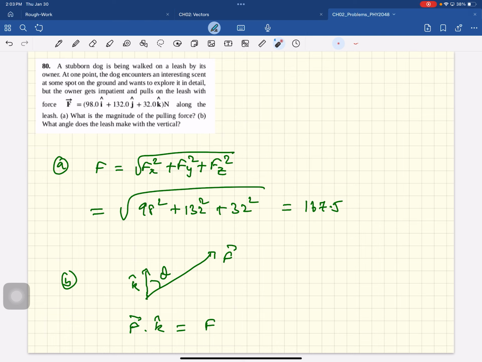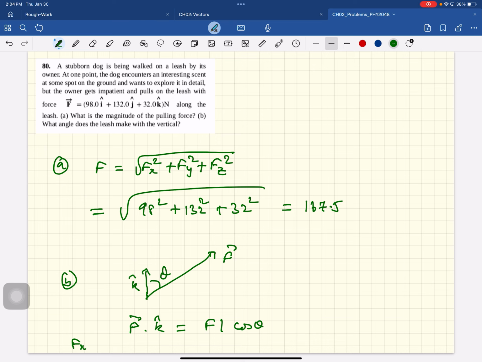What kind of vector is k? What are i, j, k? Yeah, so what's the magnitude of that? 1. So 1 times cosine theta. Now this is also equal to Fx kx.